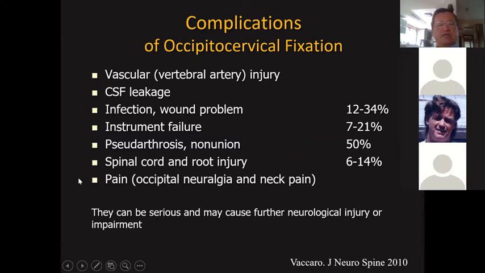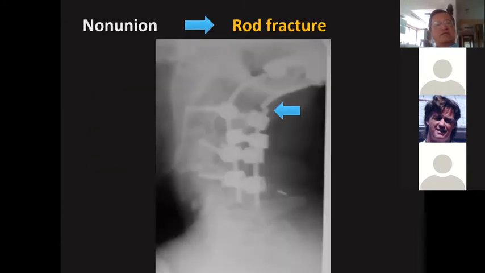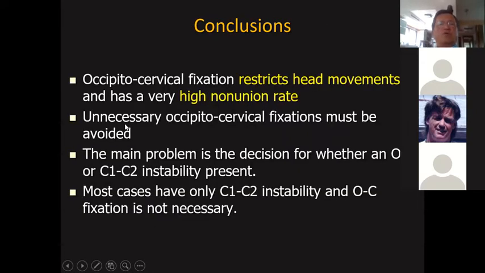So it is really a very disabling thing to make an occipitocervical fixation. Non-union is quite high. This is one of the cases I have operated years before. A rod breakage may happen because of non-union.